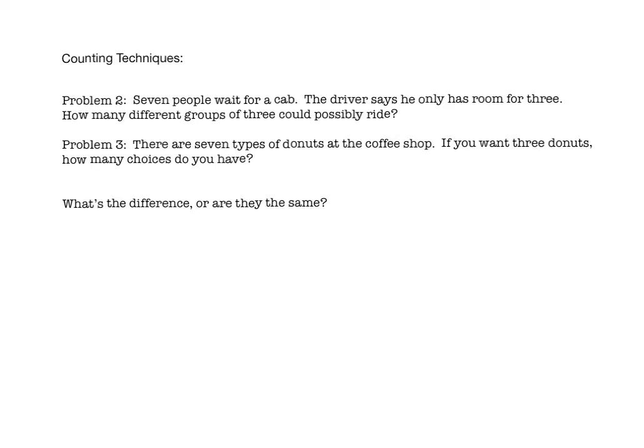With problem 2, we established that if the people involved were named A, B, C, D, E, F, and G, FAC is no different than CFA, for example, because with 3 people riding in the cab together, the order of them does not matter.